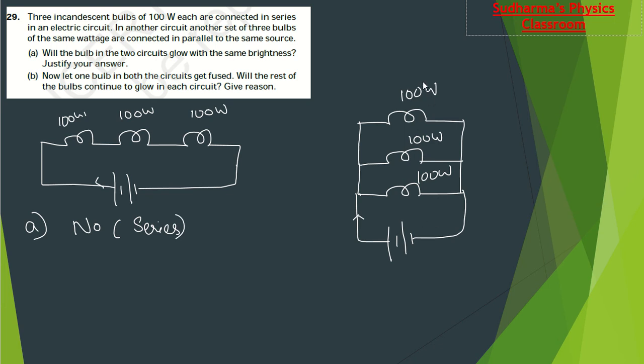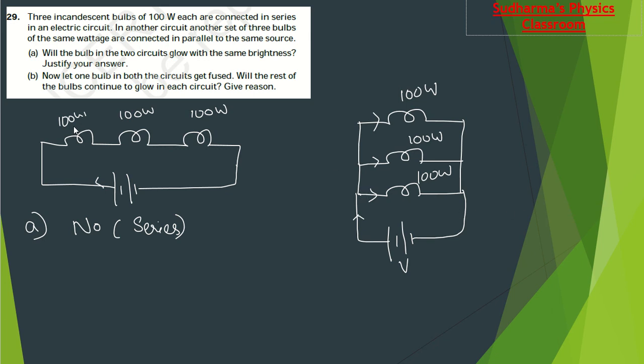Here it will have the same brightness because an equal amount of potential will be given. Each bulb will be given the required amount of current. Okay, so that is the answer. So if you connect the conductors in parallel, it will be getting sufficient voltage and sufficient current and it will glow brightly.